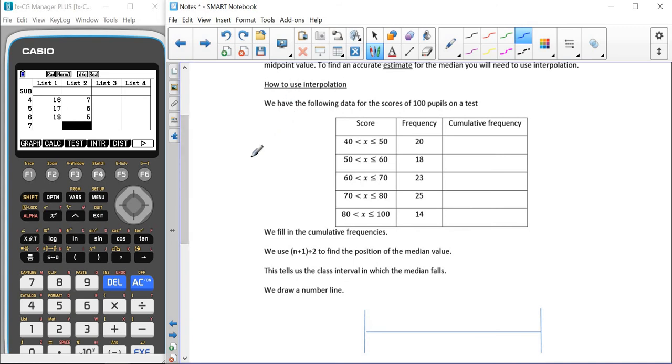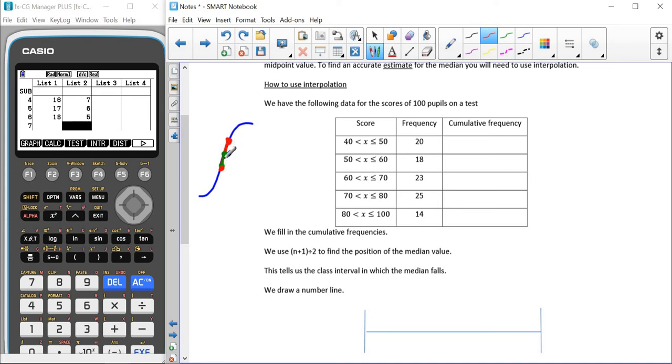Where this comes from is that if you think about a cumulative frequency graph, which looks like this, if we're saying that our median interval is this one here, then we can find a better estimate for the median by saying the gradient between this point here and this point here is going to be the same as the gradient between this point here and this point here.